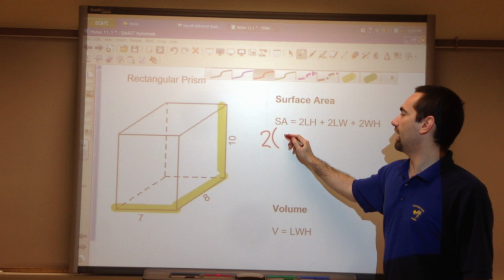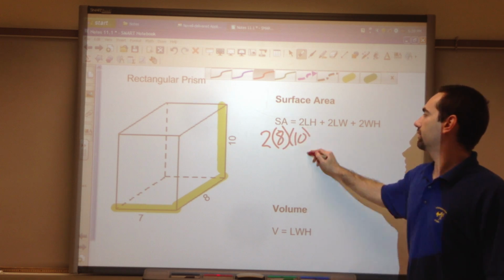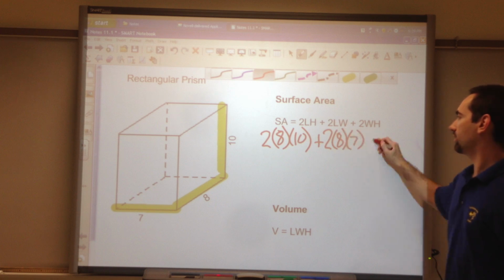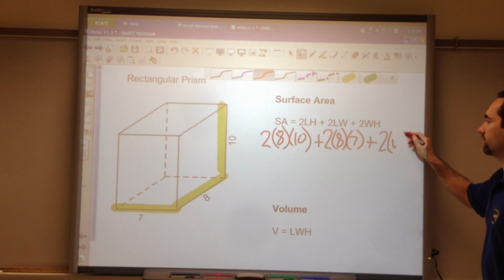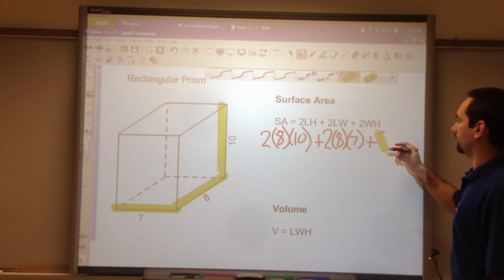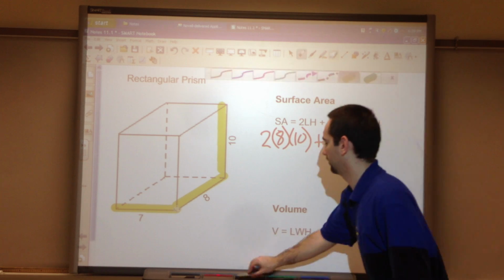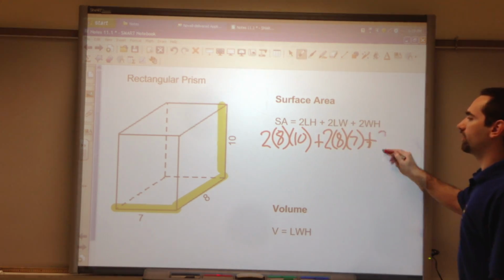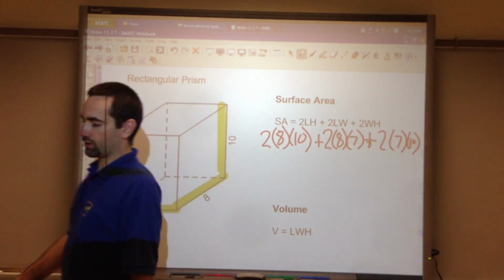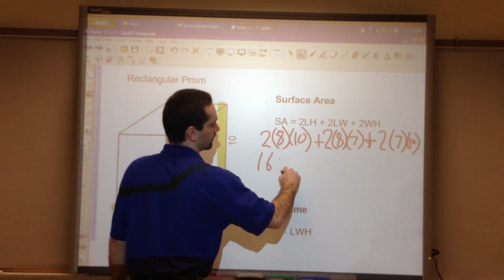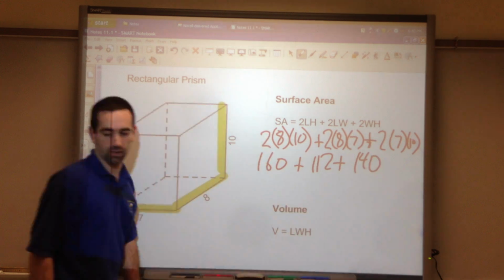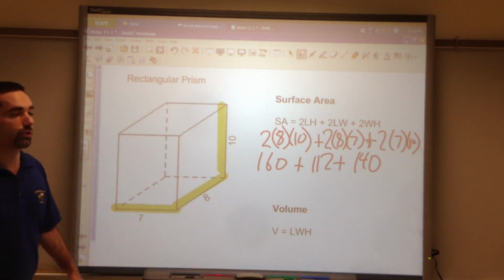So 2 times the length times the height, 2 times the length times the width, 2 times the width times the height. So we get 160 plus 112 plus 140. And when we add all of that together, we get 412.